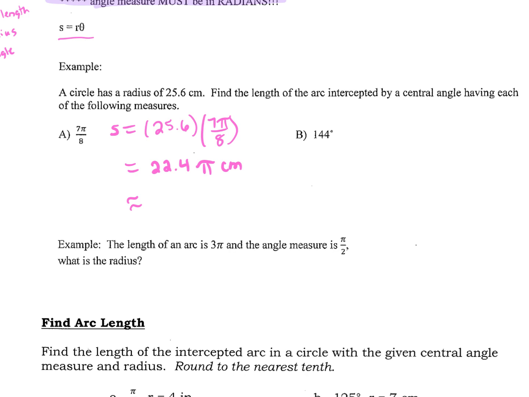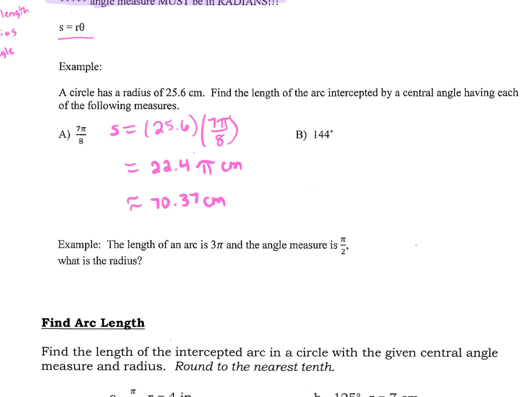I never remember exactly where it is, but it's in the bottom left. So if you do 22.4 times pi and get that decimal, it looks like you should get about 70.37 centimeters. Try that and check and make sure. Yes, good. Thank you. Okay.